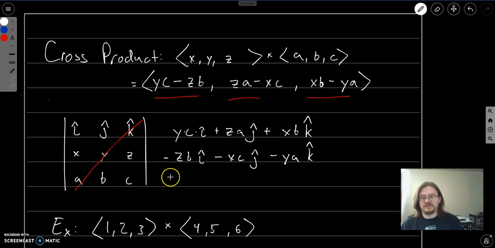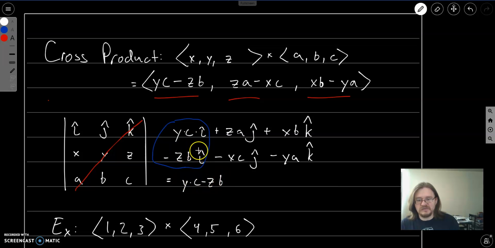And what you'll see is that if I add all these up, I've got some like terms. Let's do some blue. I've got some like terms here. So that's y times c minus z times b, and all of that is taken times i. Oh, and look, yc minus zb, those match. Let's do another pair of like terms. We've got a couple of j vectors.